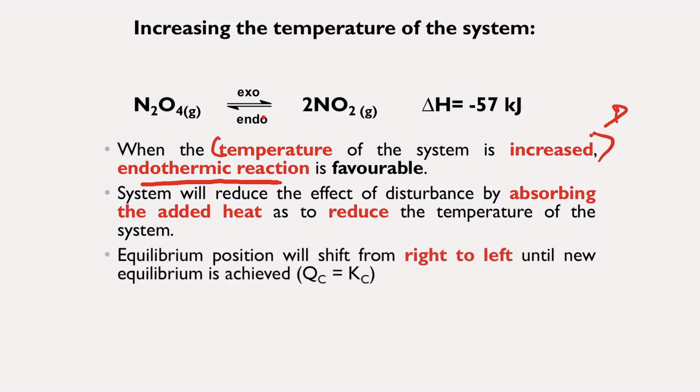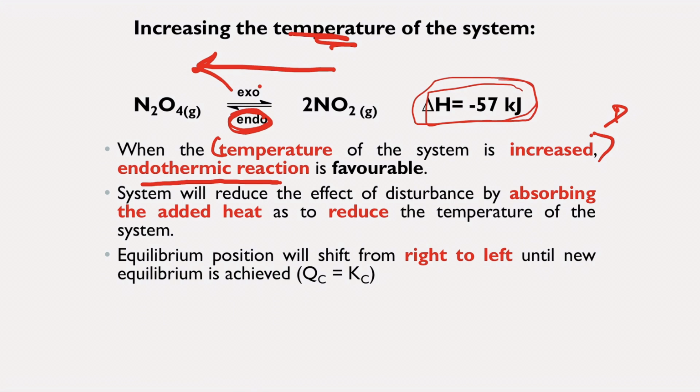So, equilibrium position will shift from right to left, which is towards the endothermic reaction. Okay. So, ingatlah bila ada change in temperature, you will look at your delta H, to know whether you will favour exothermic atau endothermic reaction.